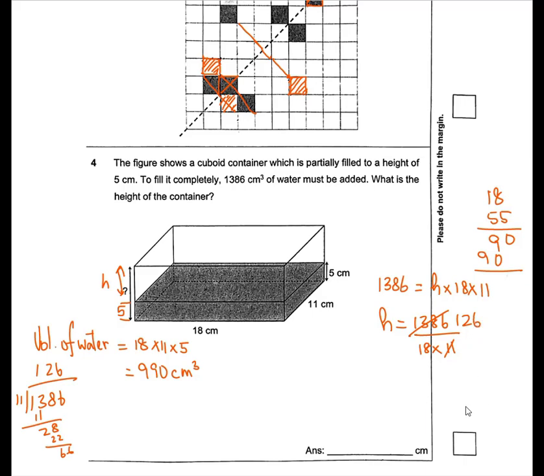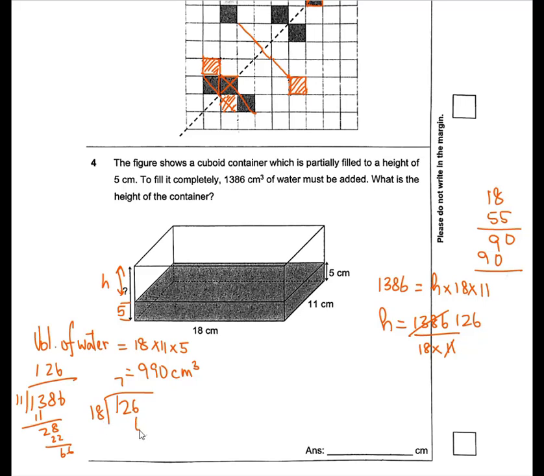And then what is 126 divided by 18? So 18 times, this has to end with 6. So what gives me 6? 2 eights, 16, but that will be too small. 3 eights, 4 eights, 5 eights, 6 eights, 7 eights. So times 7, let's say.